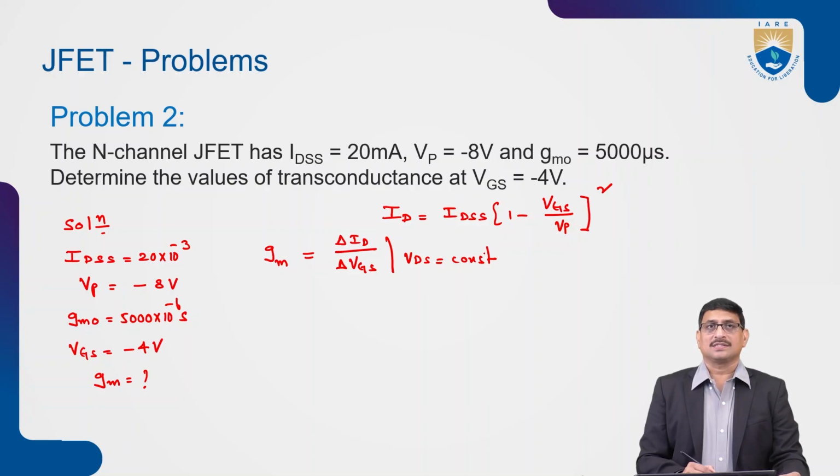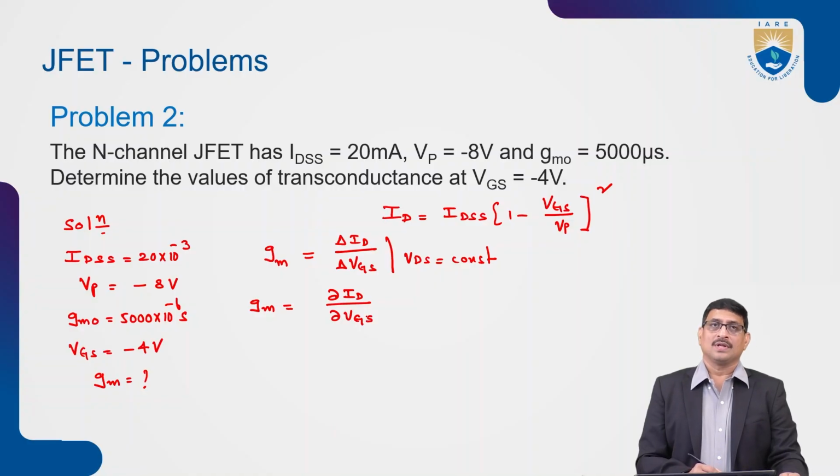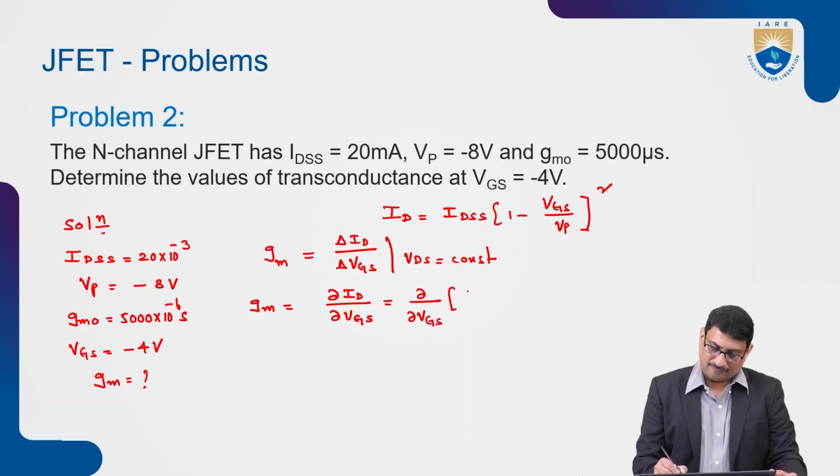This I can write as GM equal to change in ID, I can write dou ID, divided by change in VGS, dou VGS. If I substitute the expression for the ID current here, then I can write dou by dou VGS of IDSS into 1 minus VGS divided by VP whole square.